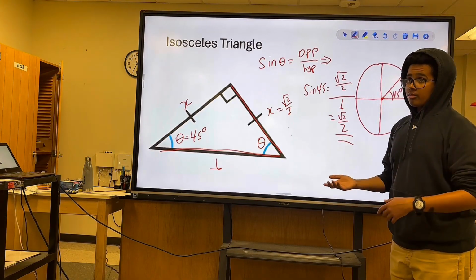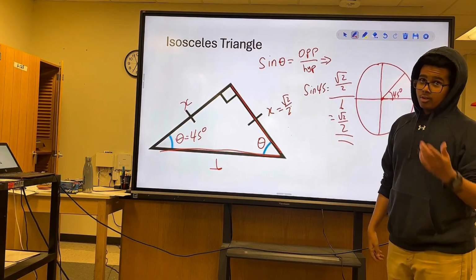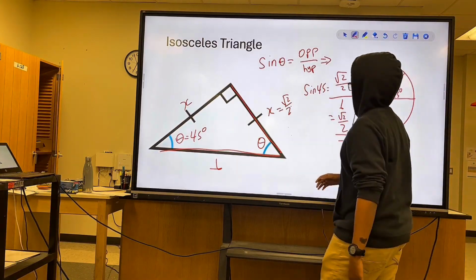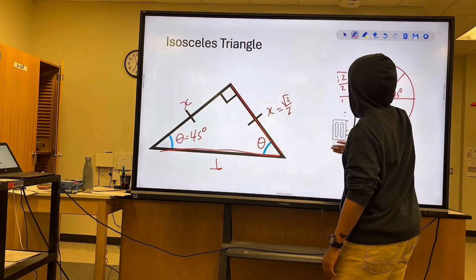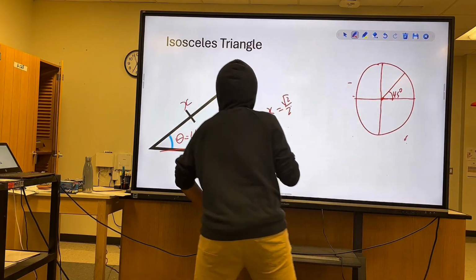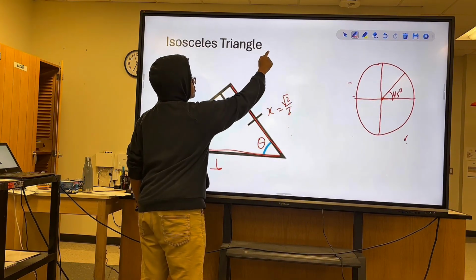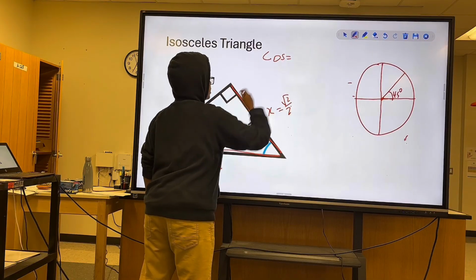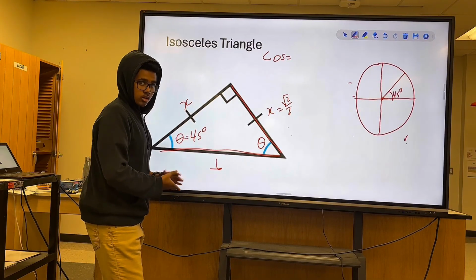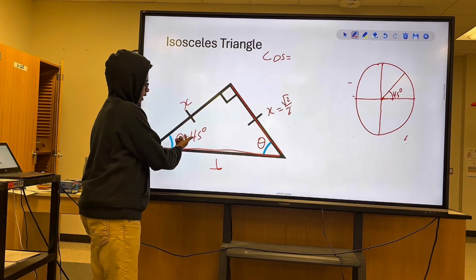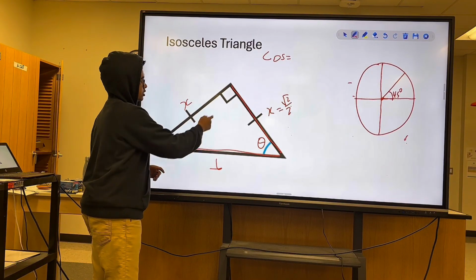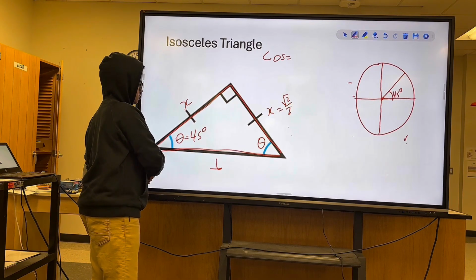Now let's find the value of cosine 45. When you write cosine, it's going to be the side length adjacent to the angle designated. So we have 45 degrees, and the adjacent side would be this side.